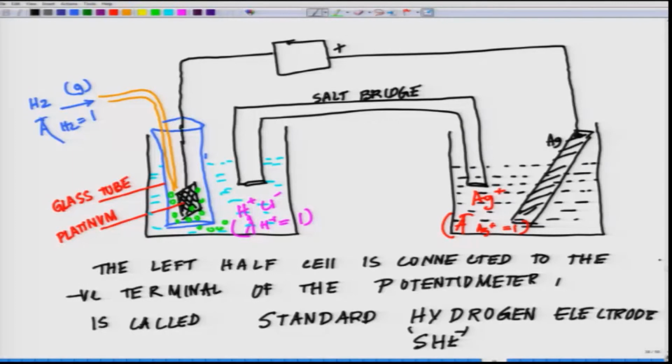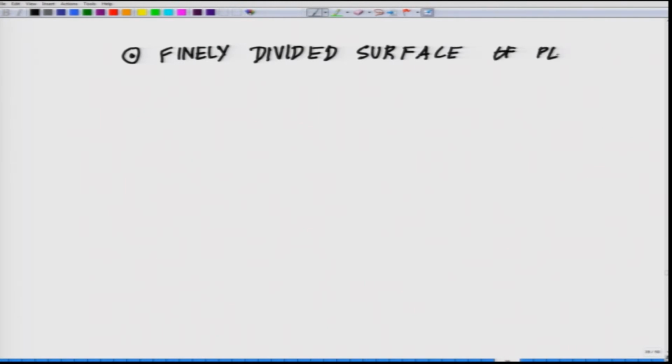What is this whole platinum thing? There are 3 points I wanted you to remember. Point 1, finely divided surface of platinum electrode.